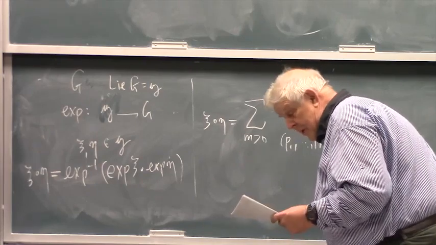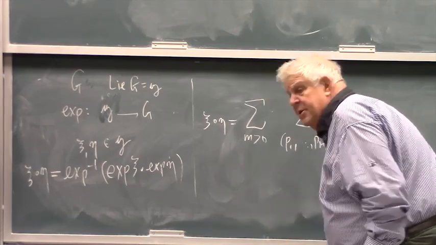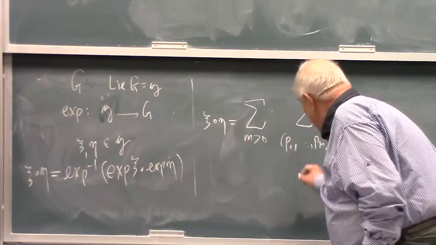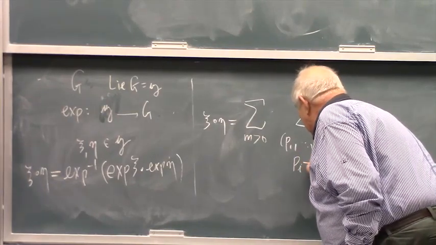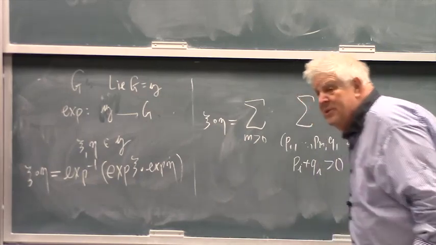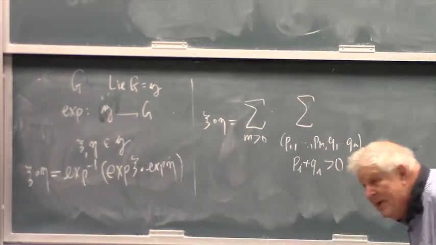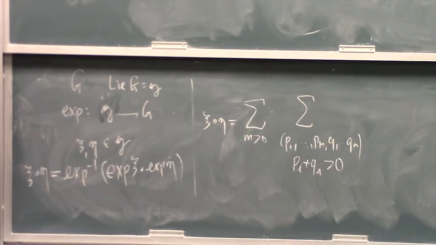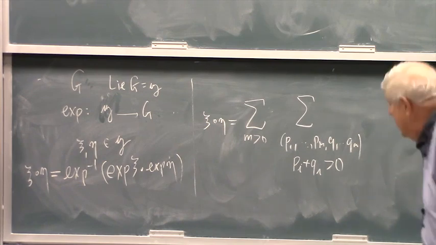And we suppose only that all these numbers are non-negative. And also pi plus qi is never 0. So I do not want that pi is 0 and qi is 0. This will give me something which you don't need. You understand?